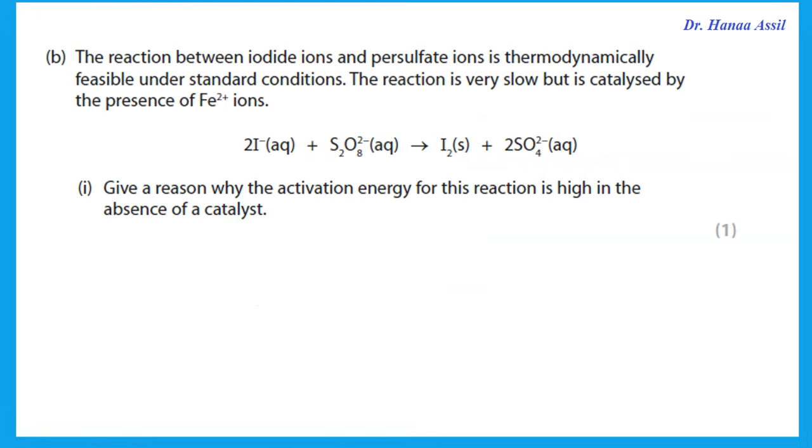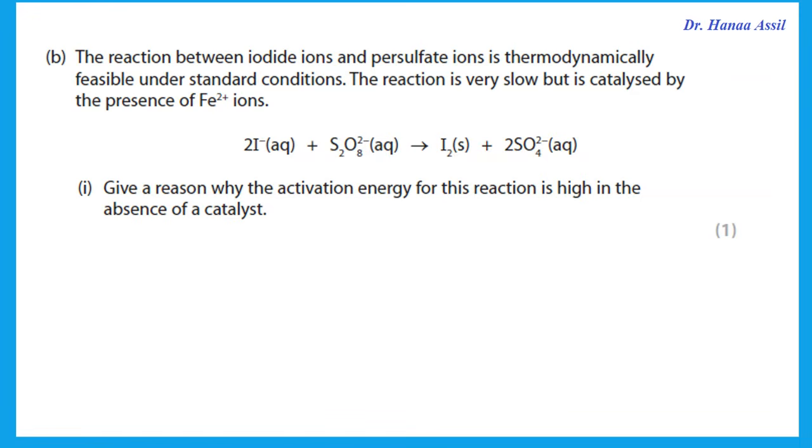The reaction between iodide ions and persulfate ions is thermodynamically feasible under standard conditions. The reaction is very slow, but is catalyzed by the presence of iron 2 ions. Remember that we use this as an example of homogeneous catalysis, in which we have all of them in the aqueous medium and the catalyst is in the same phase as the reactants.